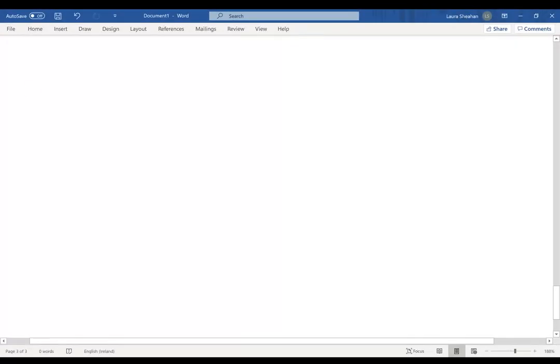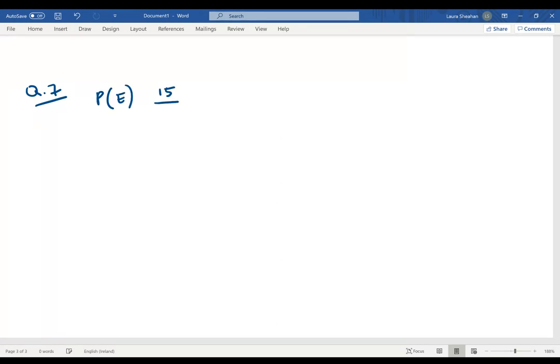As we've just said, question 7, the probability of E, that they're both from Cork, we had 6 choose 2, so it was 15 over 66. The probability that they were both women, we had 7 women, we were choosing 2, that was 21 over 66.